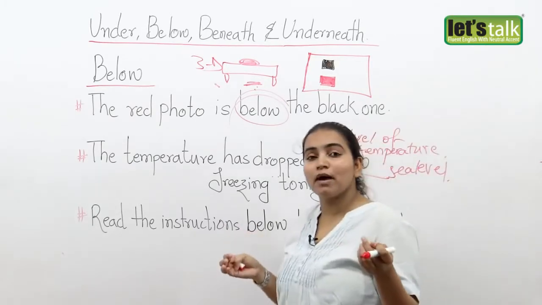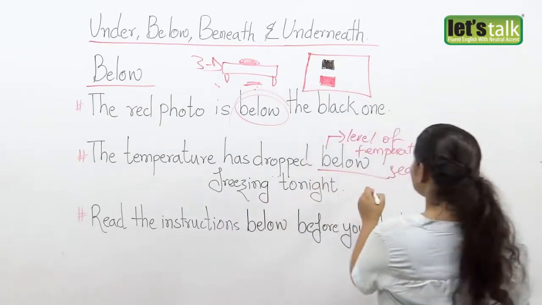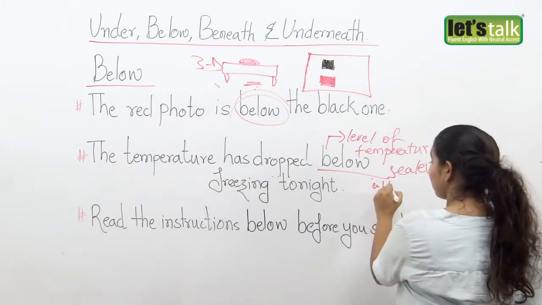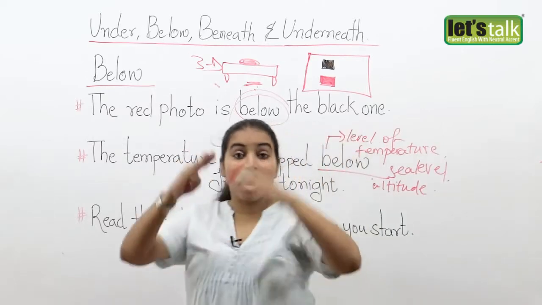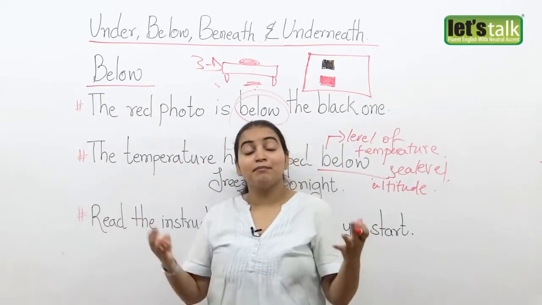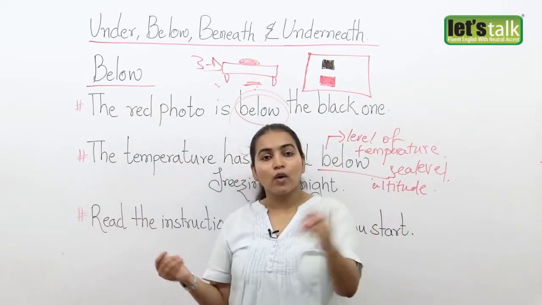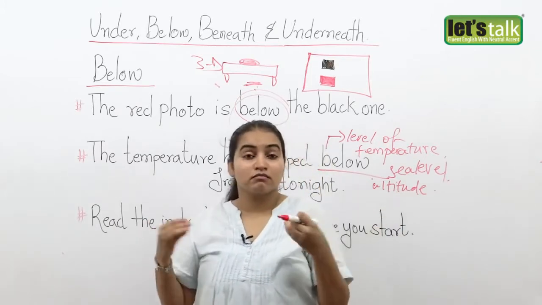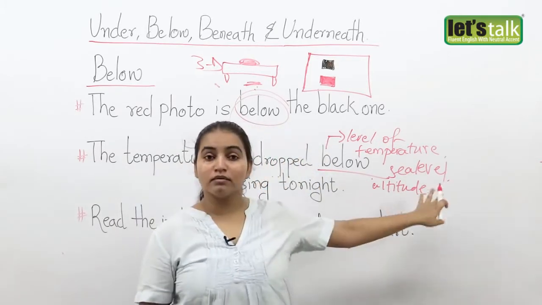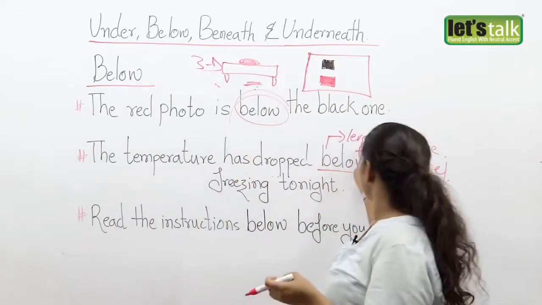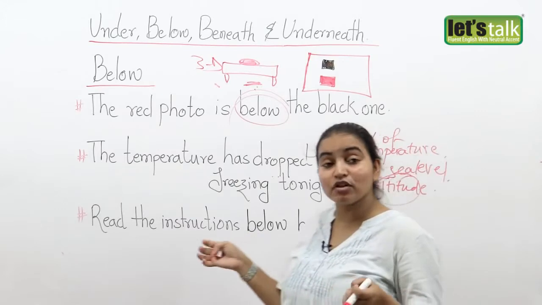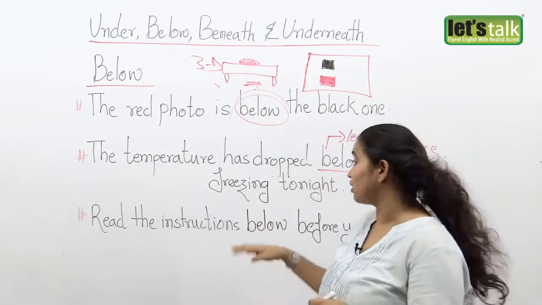I could also talk about the level of altitude, that is the height, of course, and I can say the plane lost control and went immediately 100 feet below. So I'm talking about here the level of temperature, the sea level, and the level of altitude.